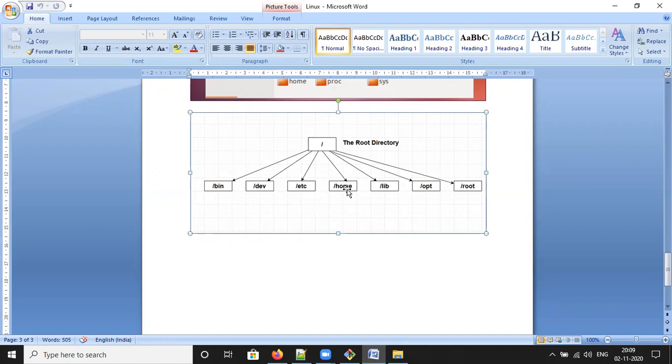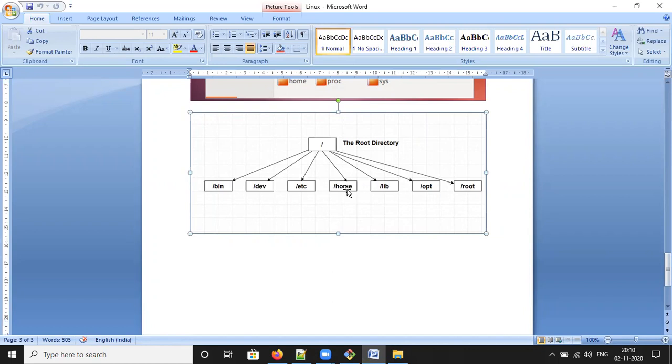If you are coming from the Windows environment, it looks like an alien for the Windows users. That means they don't even know how to work on this and how to navigate through all these subdirectories and directories.